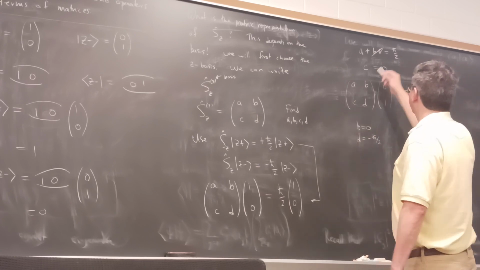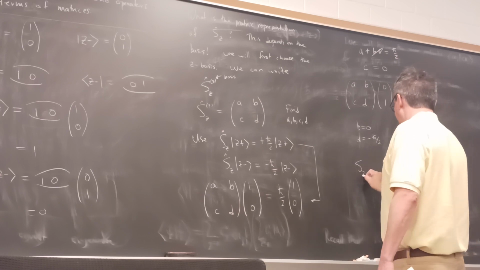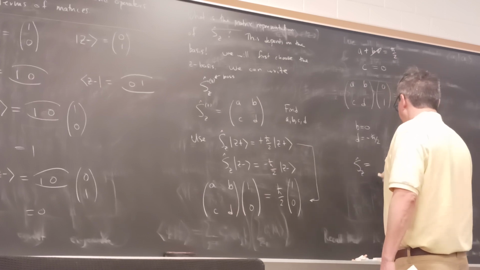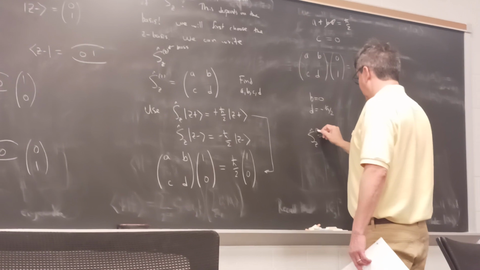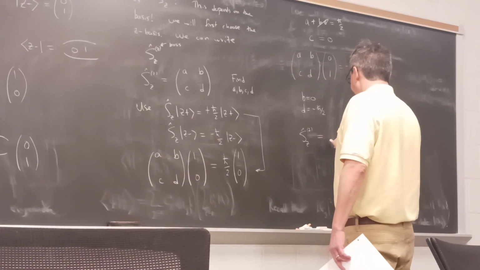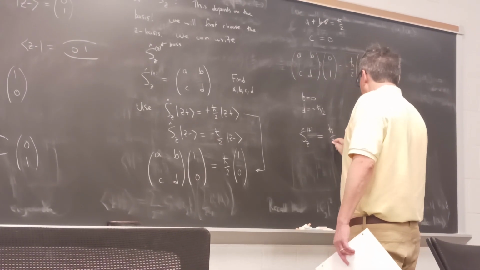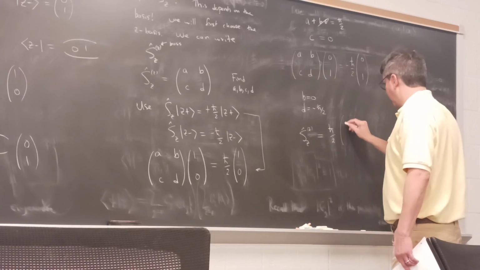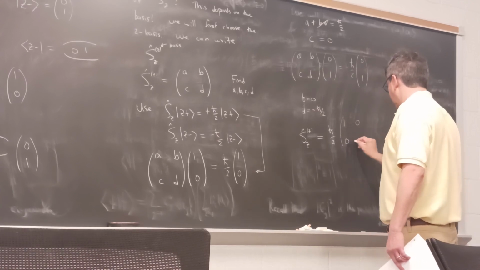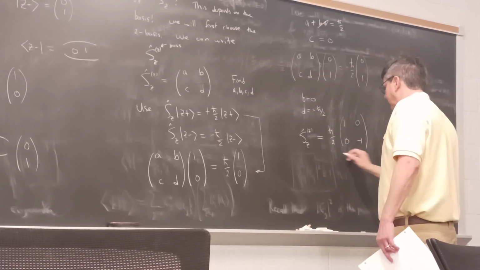Okay, so we've solved all of them, so we have now that S_z in the Z basis is h bar over 2 times the matrix 1, 0, 0, minus 1.